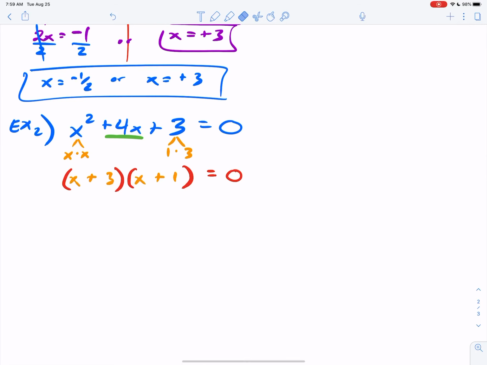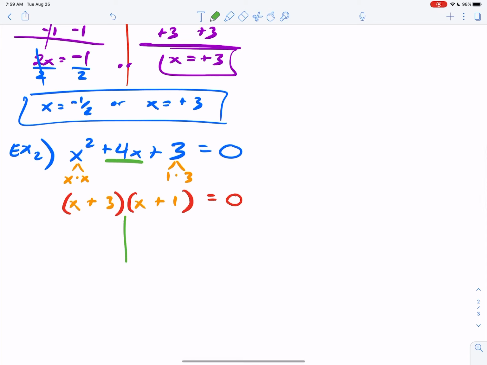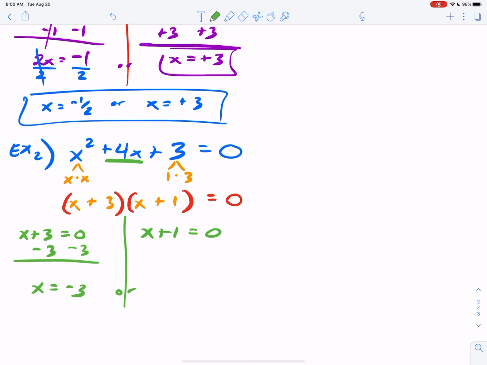So now that I have a product that's equal to 0, I will apply the zero product property, which means that each factor will equal 0. And then you go ahead and solve there. We are going to use the inverse operation. x comes out to -3.